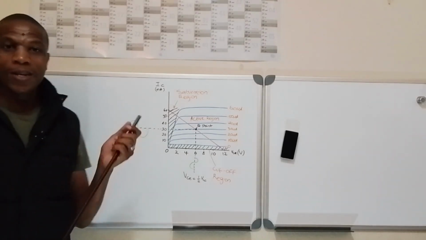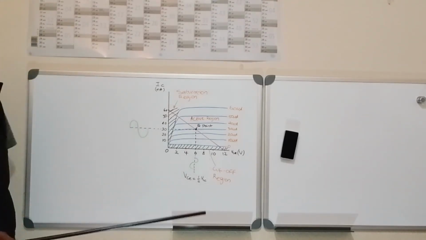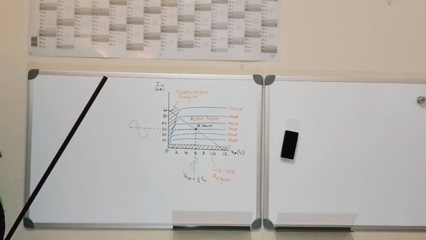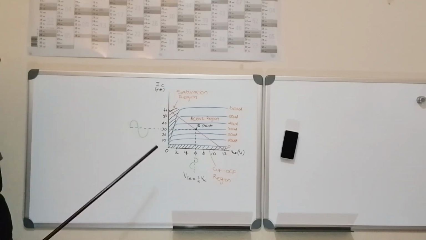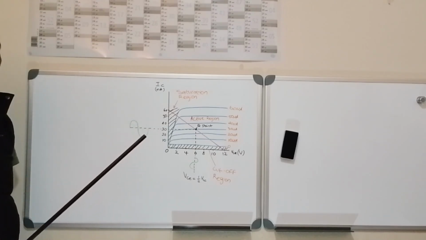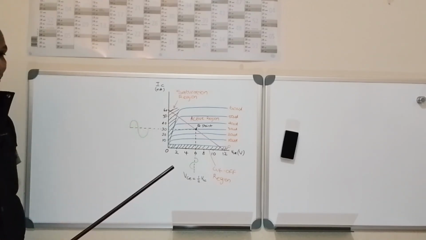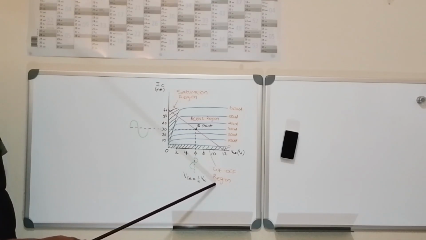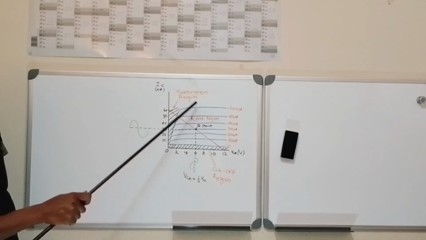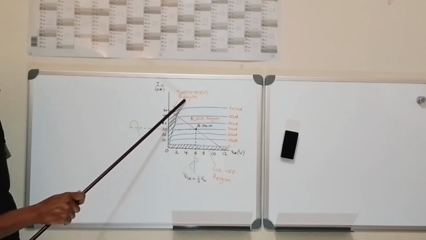Okay, now look at the board. I said that we bias a transistor in order to make sure that it operates in the desired region. The transistor has 3 regions, which are the cutoff region, the active region, and the saturation region.